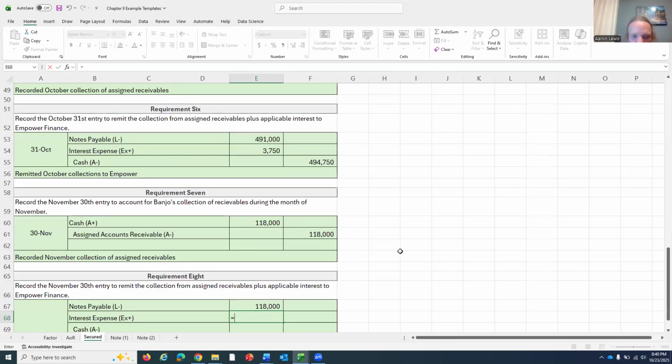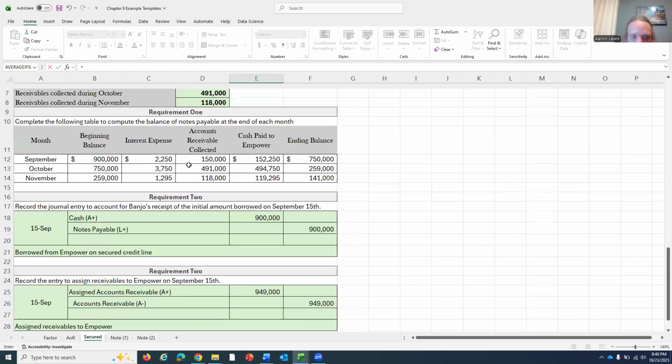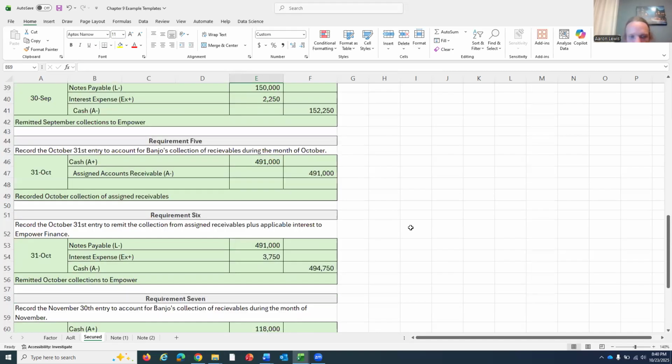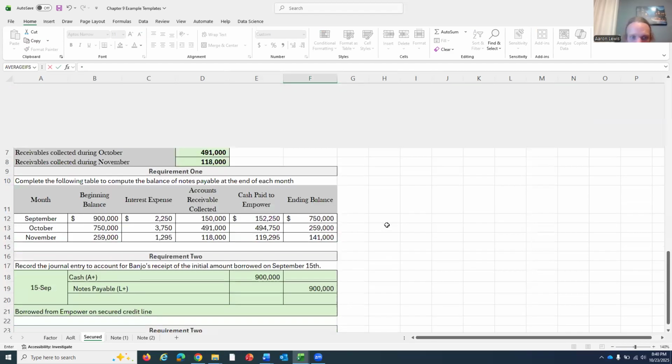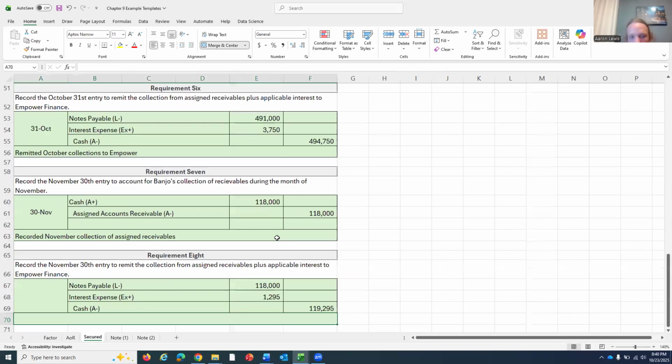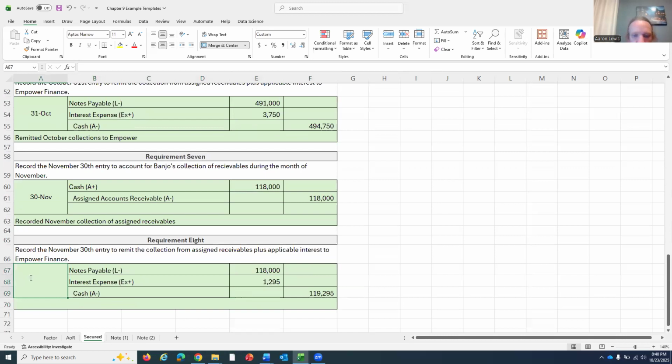We're gonna have another debit to interest expense for the interest charge that was hit on our loan, which is $1,295. And we're gonna have a credit to cash for the total amount of cash that we're transferring to this other party, to Empower, which I think is 118,295. And on November the 30th, we remitted November collections to Empower.